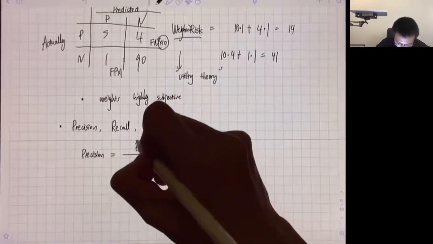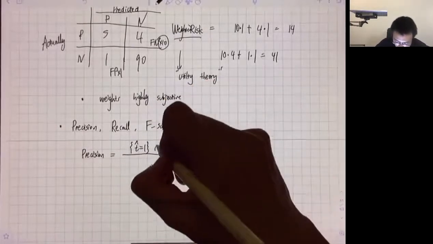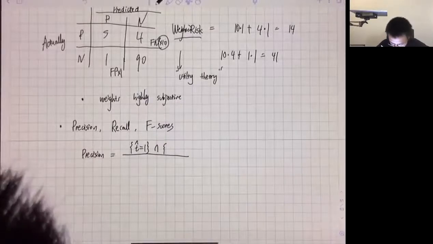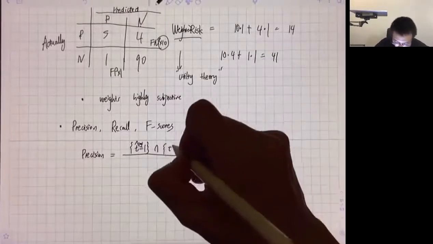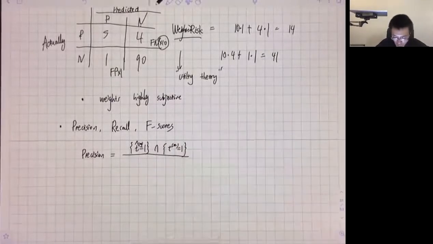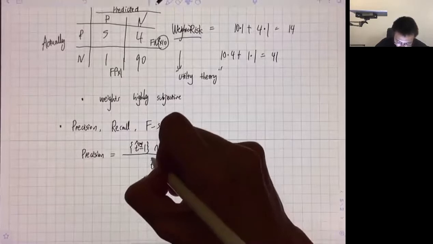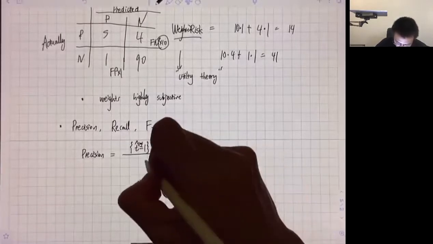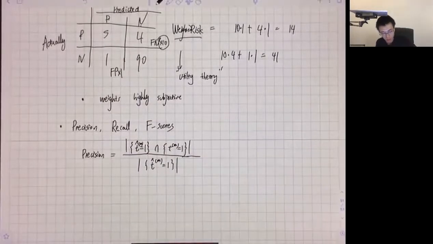The set that you predicted positive, intersect, I can call it M, with what is actually positive, divided by how much you predicted positive, taking the size of the set. So precision basically means, among the samples that you predicted positive, what is the accuracy.